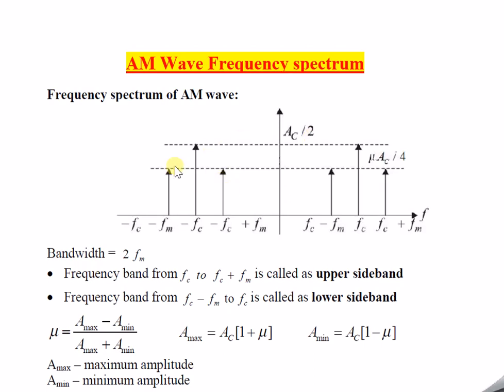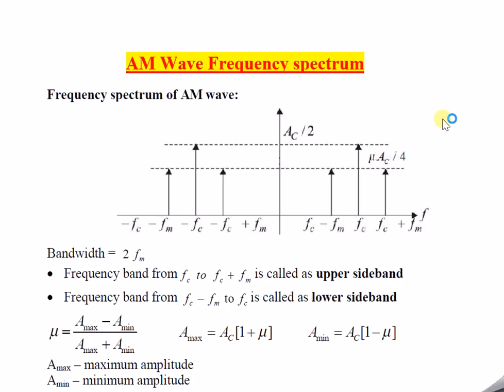Now we will try to understand this frequency spectrum in a more detailed way. I hope it is clearly understood what AM wave frequency spectrum means. I'll repeat once again: whatever frequencies are present in the AM wave are represented in terms of this particular diagram.